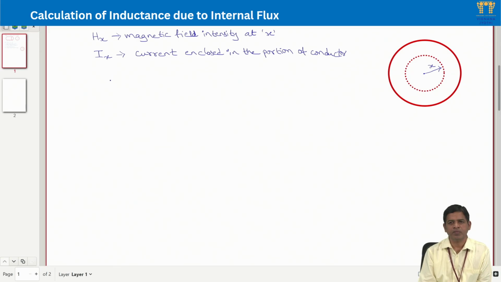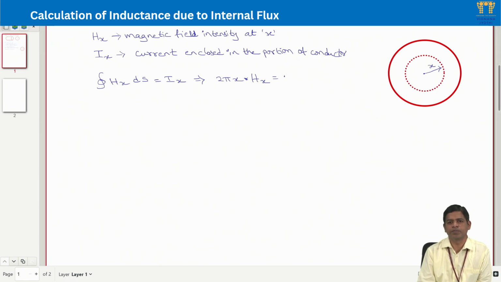Then I can write, according to Ampere's law, integral of Hx ds will be equal to Ix. Now this can also be written as, I am taking the closed surface along the path whose center is at a distance x units. So then this becomes 2 pi x into Hx.